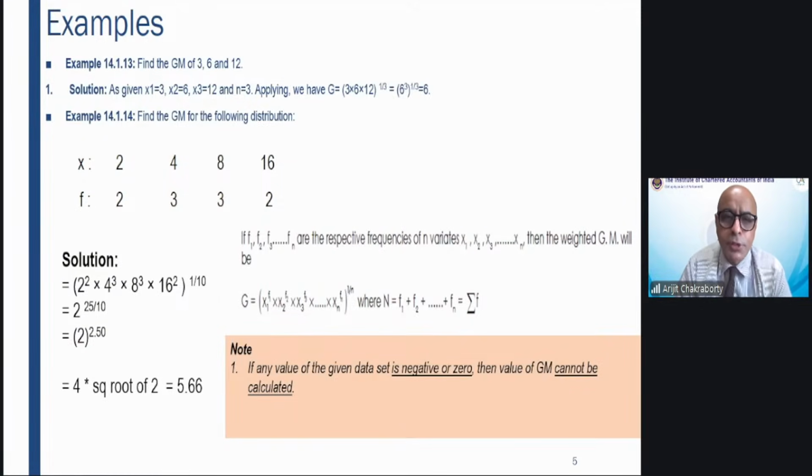Perhaps I was discussing this earlier as well, that in case of geometric mean, as we have earlier deliberated, every measure of central tendency has certain advantages as well as disadvantages. Nothing is perfect. None of the central tendency measures are perfect.